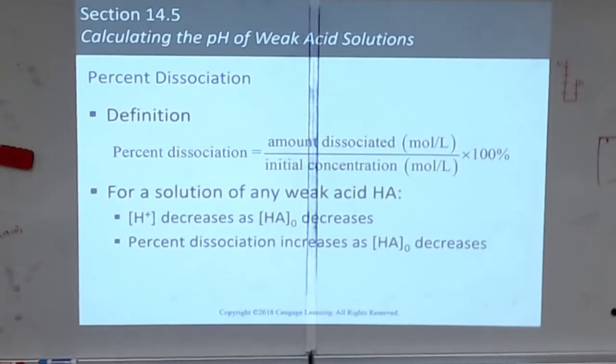All right. Percent dissociation is the amount dissociated over the initial. So as the hydrogen ion concentration decreases, the percent dissociation increases.